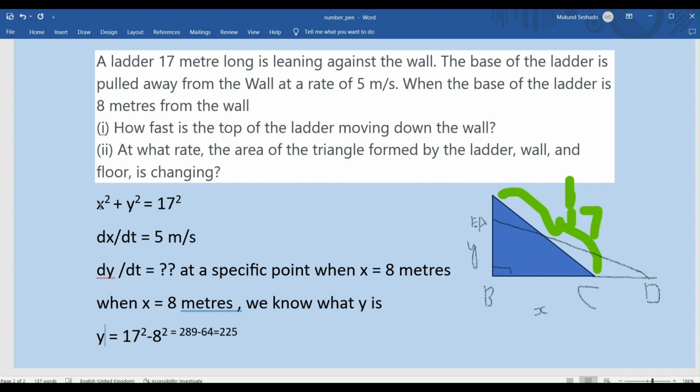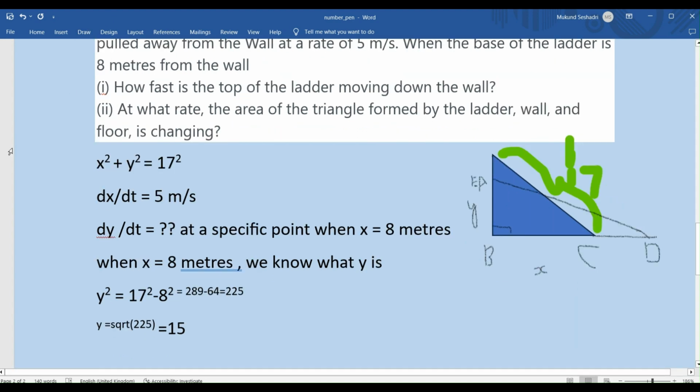So y is the square root of 225, which is 15.